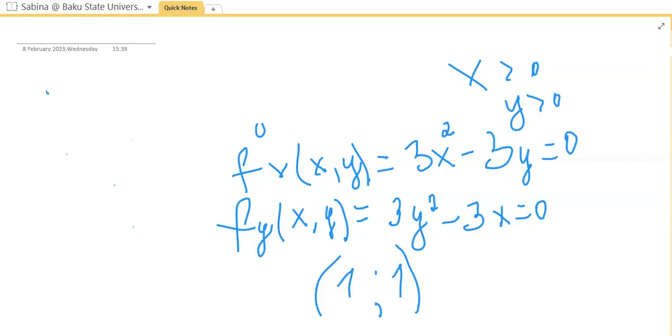As you see, we just found first derivative of this function. Now it is time to find second derivative.